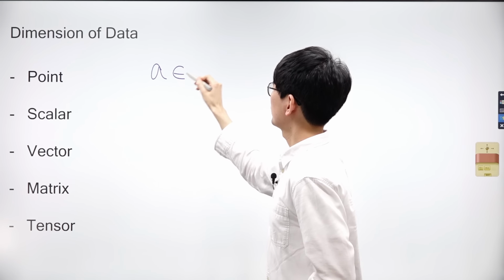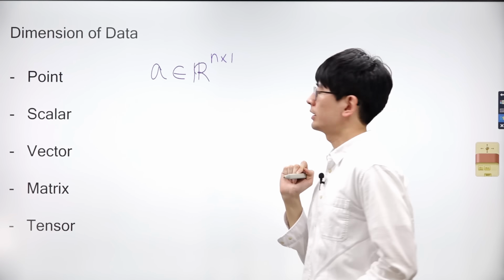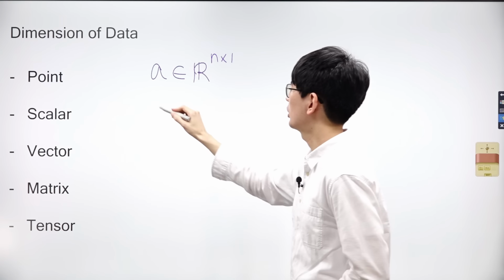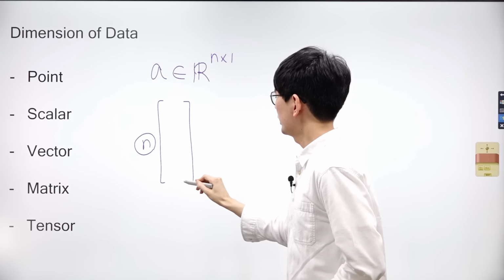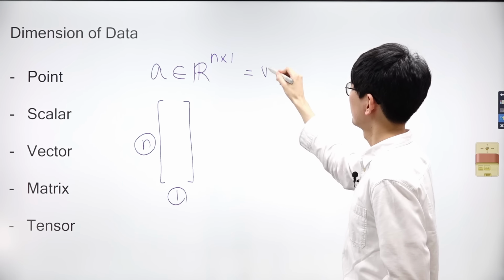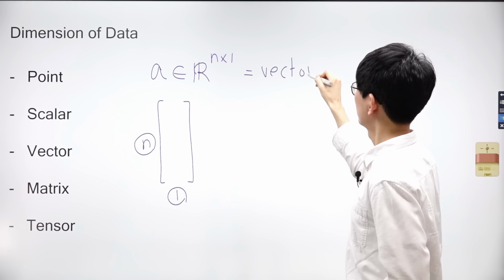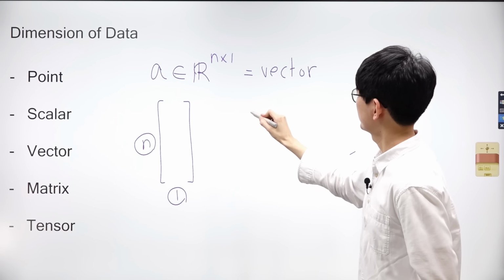Now let's shift our perspective a bit. If we have a data A from n by 1 matrices, what does it mean? It means that the vertical length of the data is n, and the horizontal length is 1. Thus, it's a vector. What if our data is from 1 by n matrices?